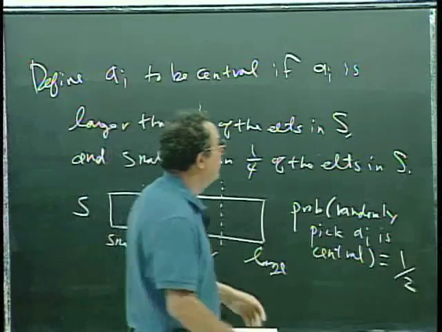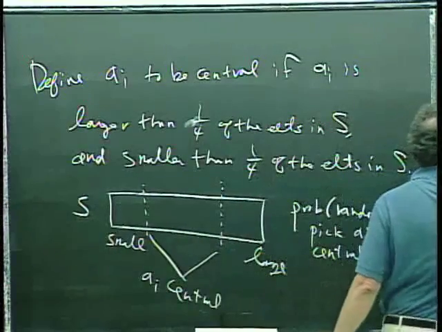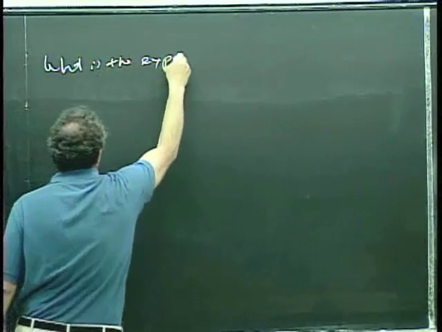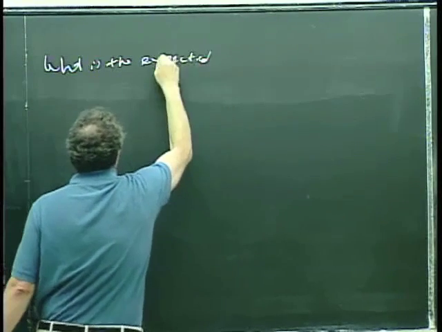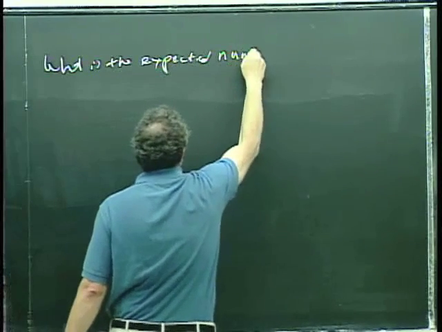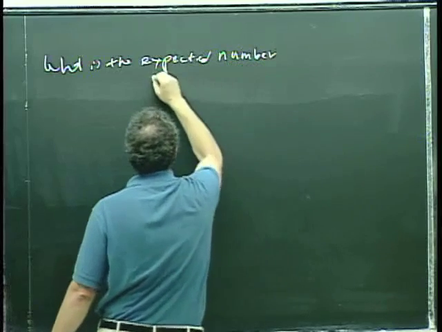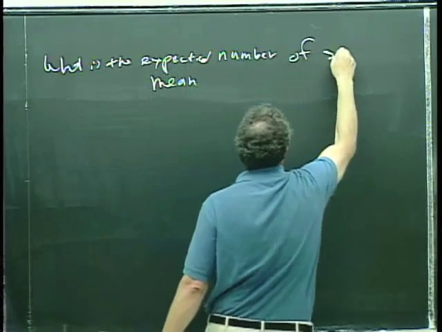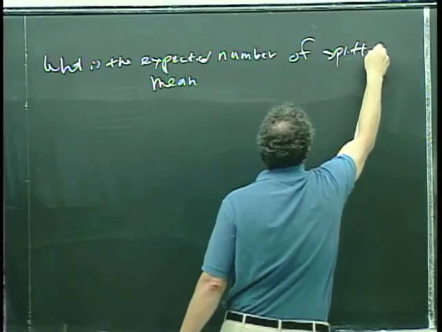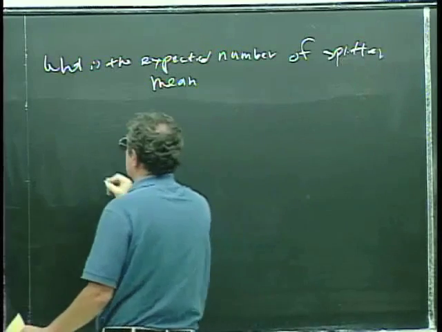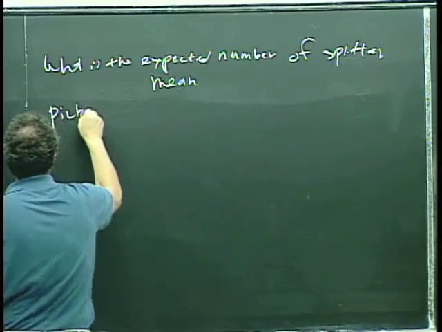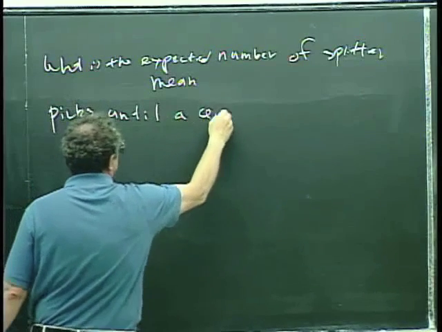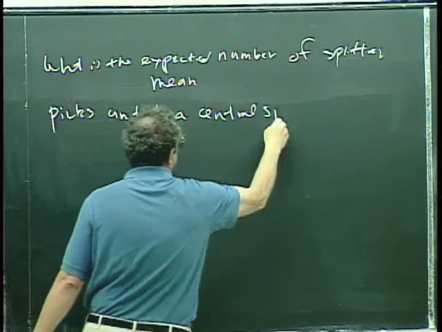So now what we can ask is, what is the expected number, or the mean number, of splitter picks until a central splitter is picked?